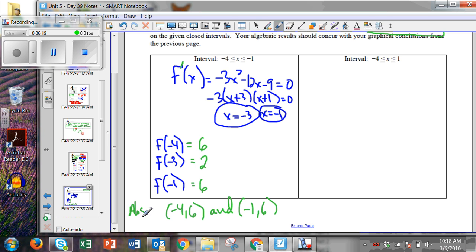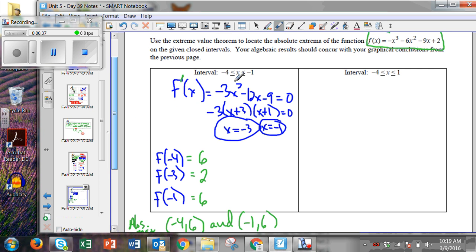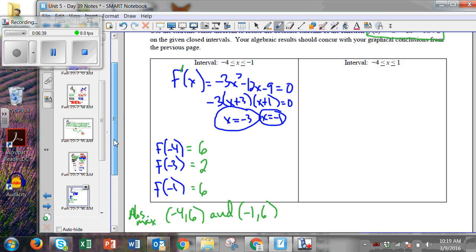Those are the largest values of the function, so that's my absolute max. And now I know my absolute min must be at the lowest of these, and that's going to be at negative 3, 2. So if you turn back to the previous page, you'll see that's what we got for the answer when our interval was between negative 4 and negative 1.